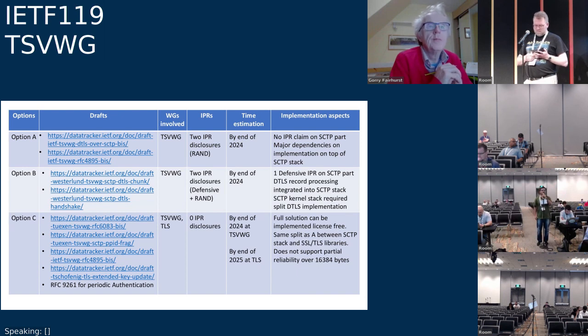Thiru from Nokia. For option C, the only contention seems to be with regard to the new draft in the TLS working group, and the only contention there was whether this needs to be done in the TLS stack or in the application layer. Once that is resolved, it's a very small change where we just have to exchange a couple of messages for the new key exchange.